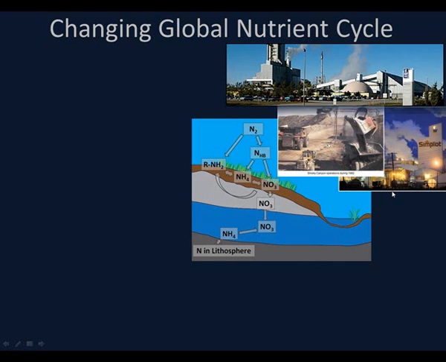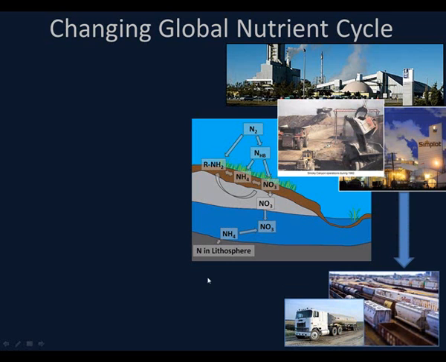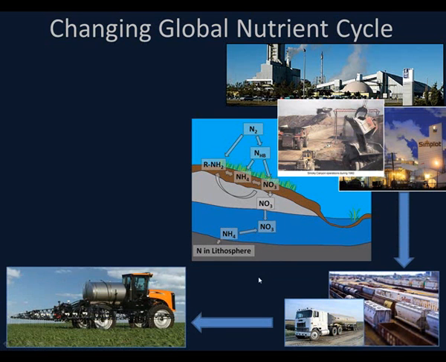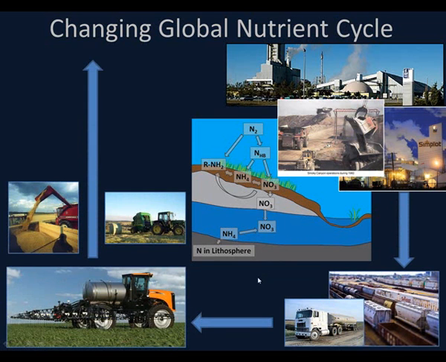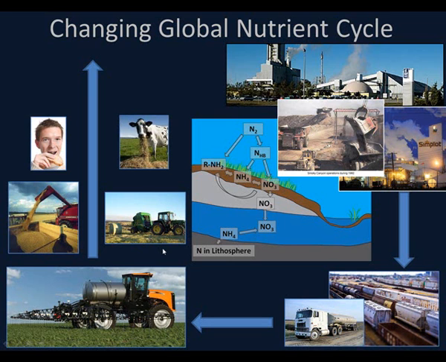In terms of phosphorus, the majority of our phosphorus comes from being mined out of various minerals, and then nitrogen and phosphorus are transported around the country and applied to farm fields for production of food for humans and food for livestock.